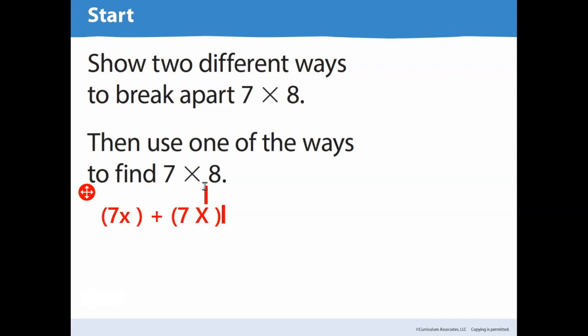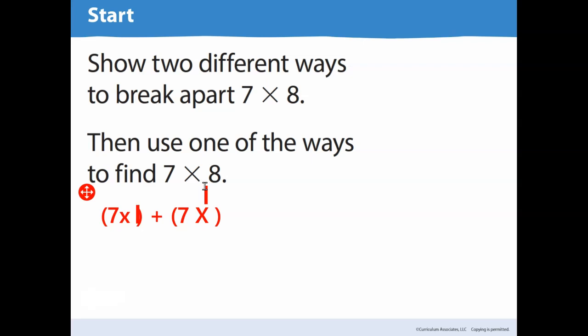What two numbers could I use? 4 and 4, yes. What else? 5 and 3. 6 and 2. 7 and 1, right? I could do 8 and 0. That's correct, but they want you to break apart 8 into two numbers.